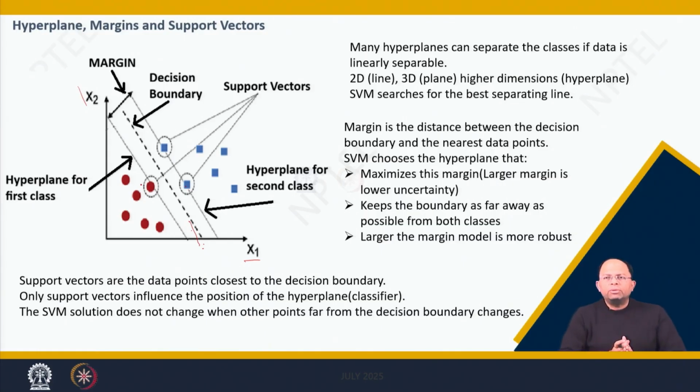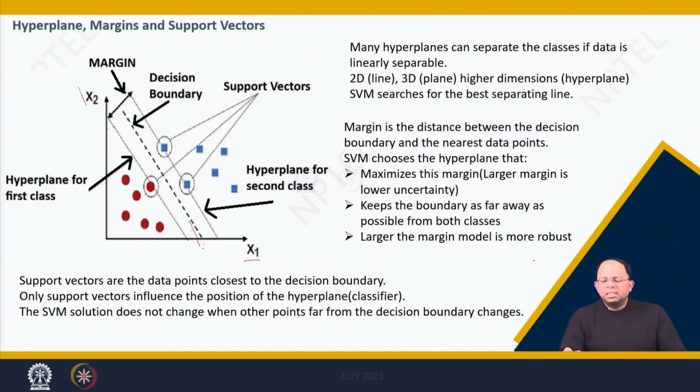If we want to increase the margin, that's our goal. In SVM, our goal is to increase this margin as much as possible, and the larger the margin, the more robust the classification. So SVM chooses the hyperplane that maximizes the margin. A larger margin means lower uncertainty, and lower uncertainty means lower mixing of different classes, and it keeps the boundary as far away as possible from both classes.